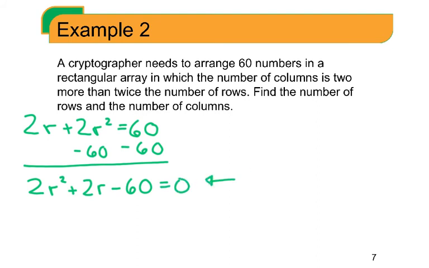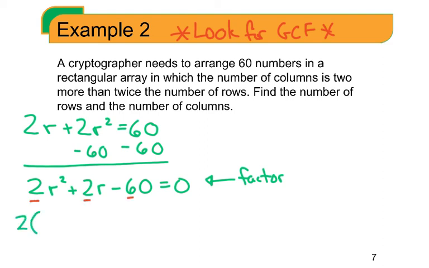Now we need to factor. What do we always do first, though? Look for a greatest common factor. Maybe they all have something in common, like the number 2. So factor that out to make life easier.